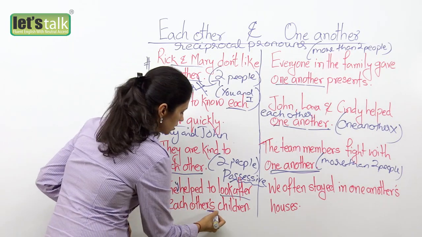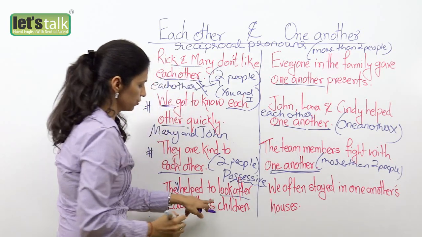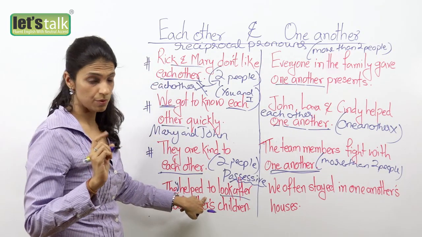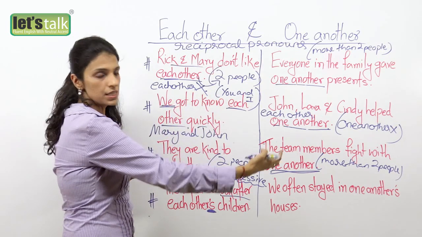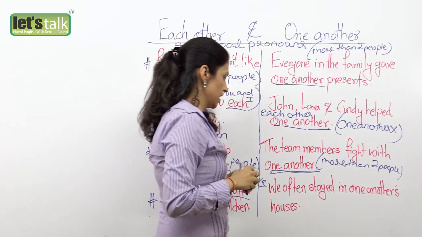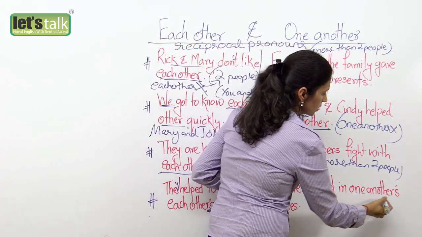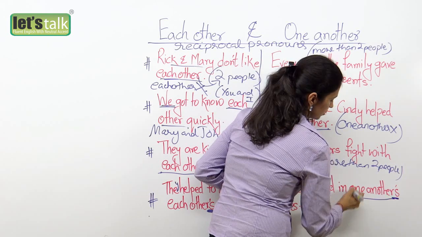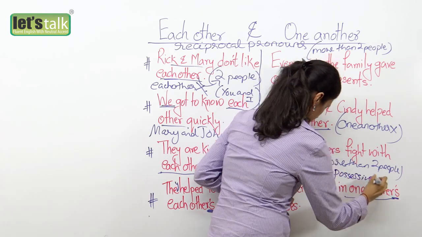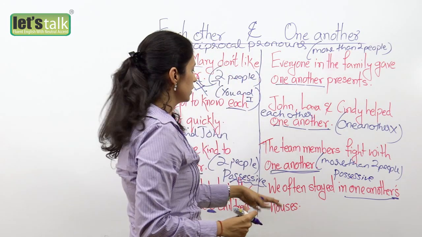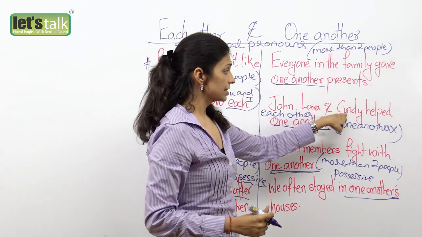So you say each other's with an apostrophe. This is very important. So children belonging to them, I looked after. Children belonging to me, they looked after. And we often stayed in one another's. See, here again it's a possessive. Houses. So, John, Lara and Cindy, they helped each other.